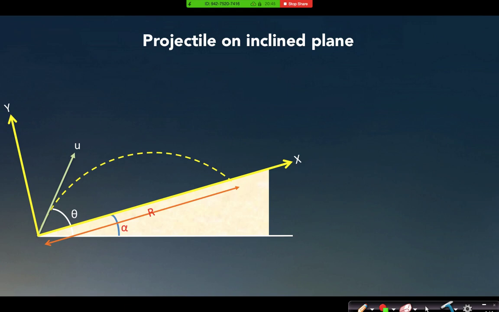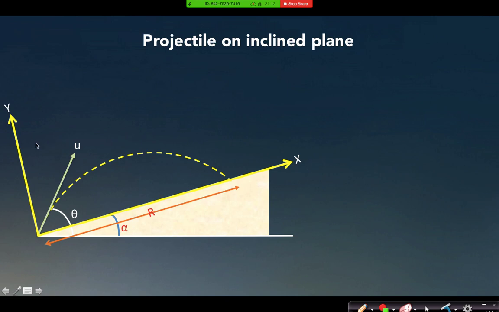One is a very conventional way: instead of taking horizontal and vertical lines to be my xy axis, I have taken along the inclined plane to be my x-axis and perpendicular to the inclined plane to be my y-axis. As I have to find the range along the inclined plane, that is why I have taken this coordinate axis.